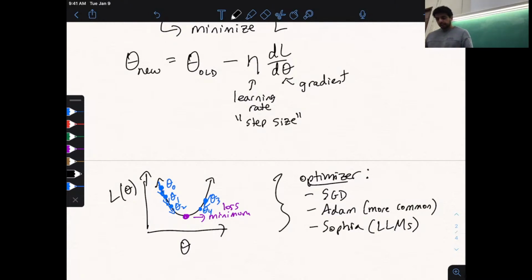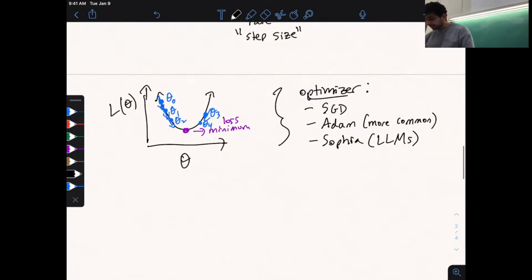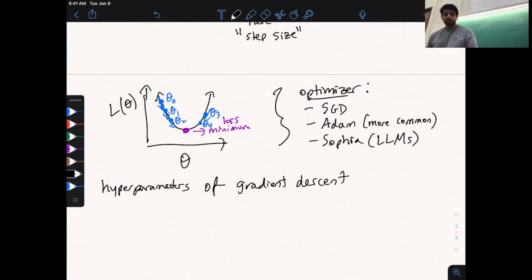Okay, so let us talk about some important hyperparameters of the process of gradient descent. Hyperparameters are things that you as the designer of this model choose beforehand, and they are not learned through gradient descent themselves. So in terms of hyperparameters in this process that I've described, what are some that you can think of?